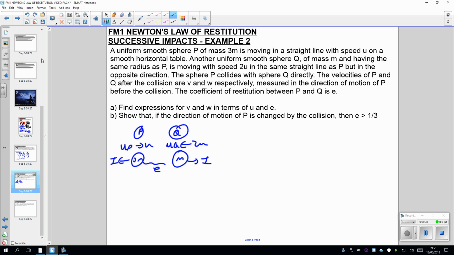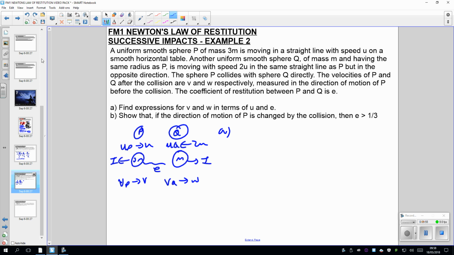The velocity of P after the collision is v, so VP we call that v, and VQ they're calling that w, fine. And we don't know whether they change direction, so I am just assuming that it's going to the right again. If in doubt, just assume it's going to the right.